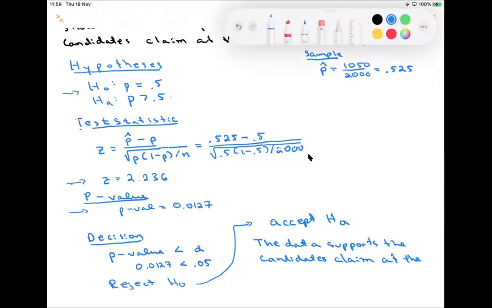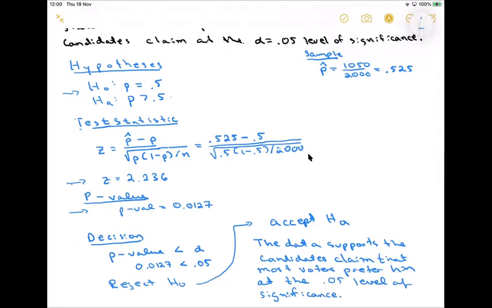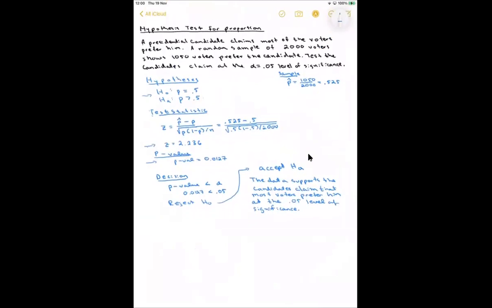Let's go ahead and write out what that claim is instead of just leaving it random: that most voters prefer him, at the 0.05 level of significance, which is to say that the data is statistically significant.